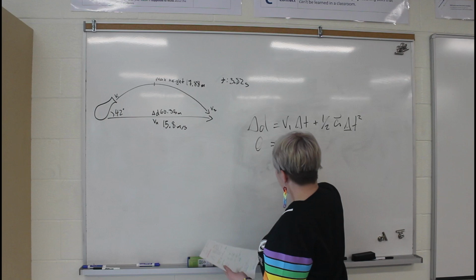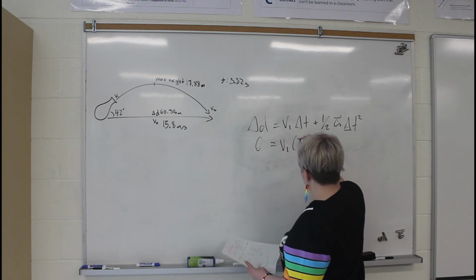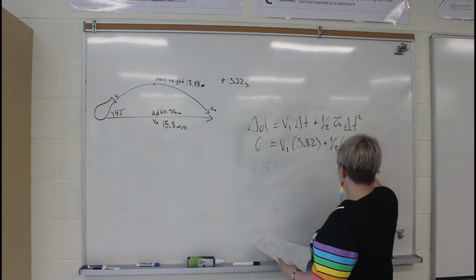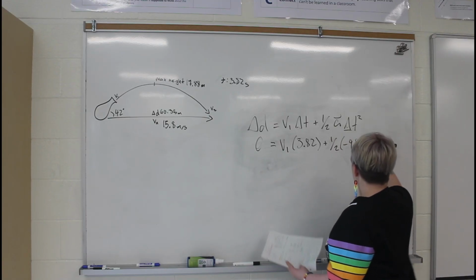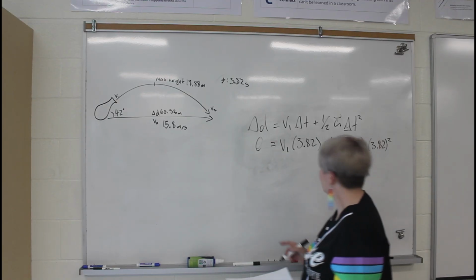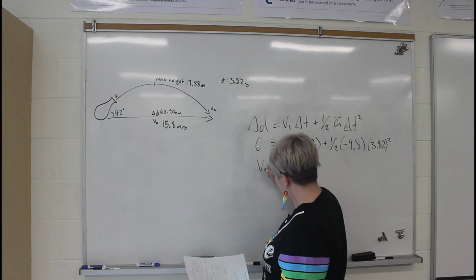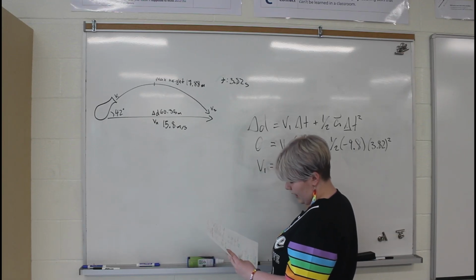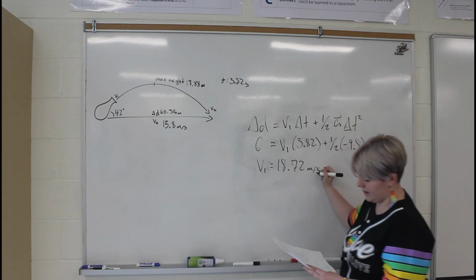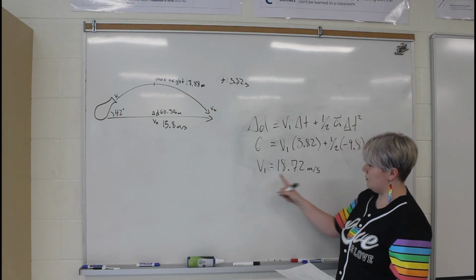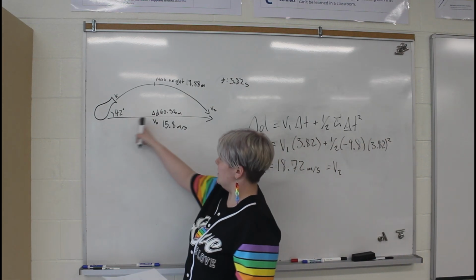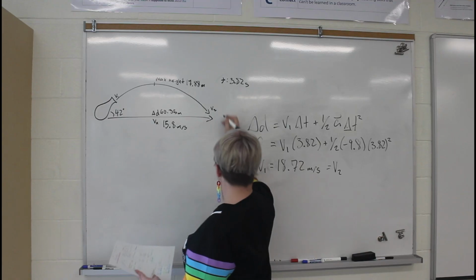So 0 equals V1 times 3.82 plus 1/2 negative 9.8, 3.82 squared. And that solves for V1 as 18.72 meters per second. And V1 will be equal to V2 because the displacement in the y-axis is 0.